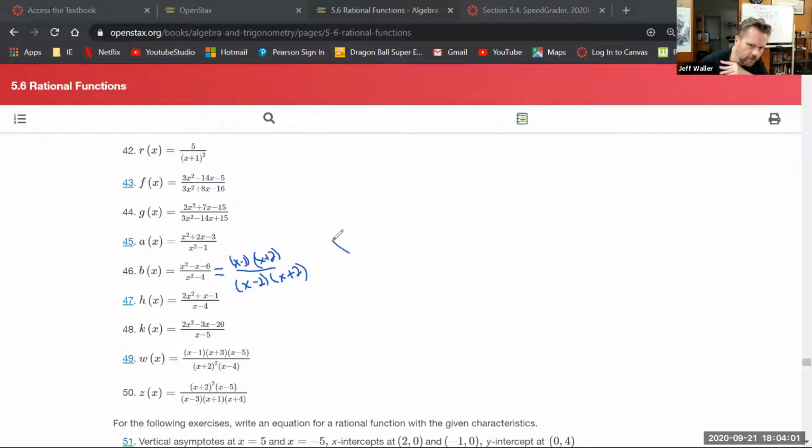What are the vertical asymptotes? Or is that a trick question the way I said that? Isn't it just 2? Yeah, because these would cancel, but x can't be -2. So the only vertical asymptote would be at 2. What's going to happen at -2? Open circle. Open circle.